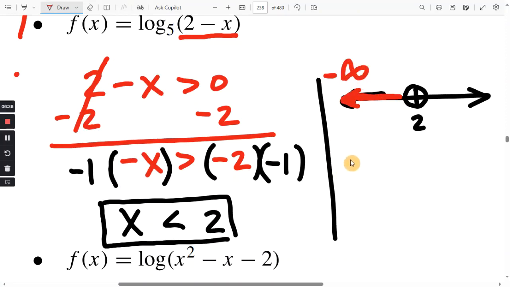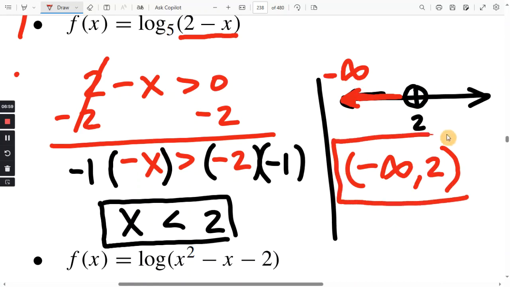So in interval notation, you start with negative infinity, and you use the curved parenthesis, not the bracket, because it does not include negative infinity, and it doesn't include 2 either. So when you write the 2, you use the curved parenthesis. And this right here is your final answer. Okay, remember when you multiply or divide an inequality by a negative on both sides, you reverse the inequality symbol.